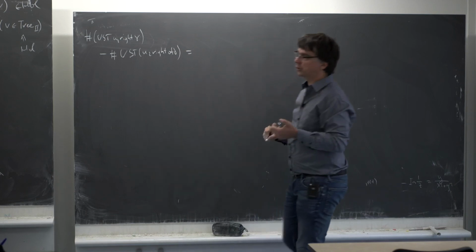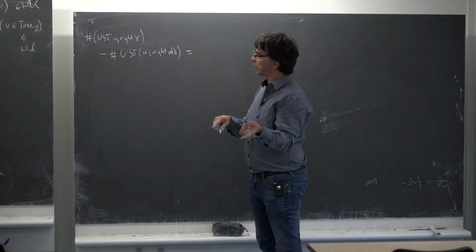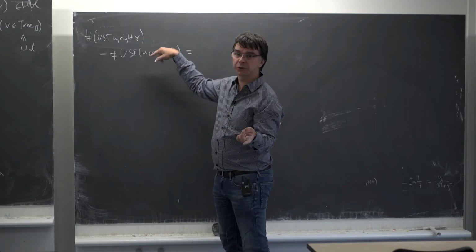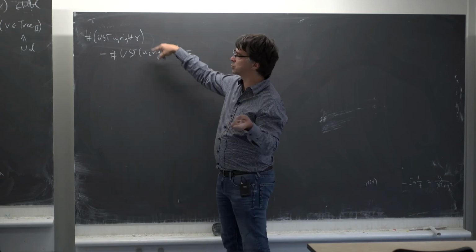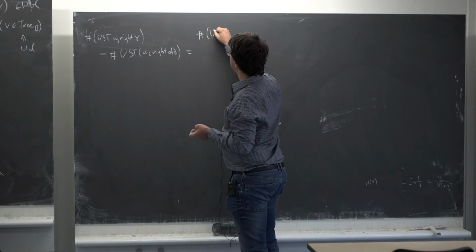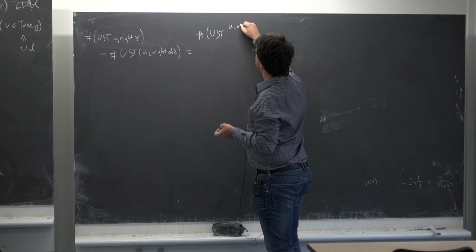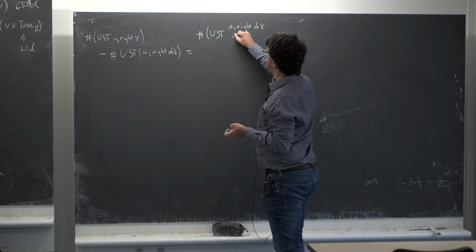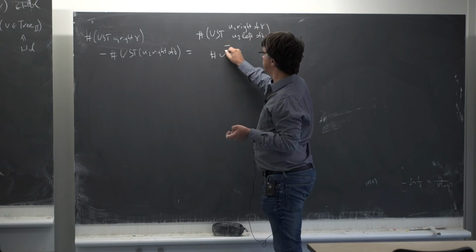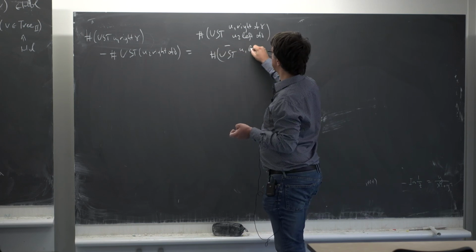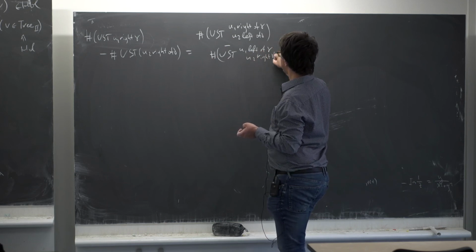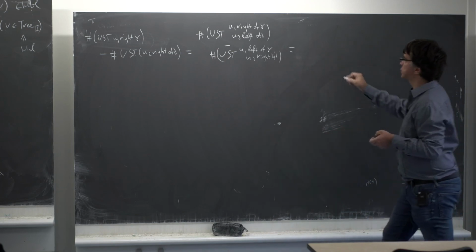You can rewrite it: if both of them are right of gamma, then it contributes to both of these terms and cancels out. If both are left of gamma, again it contributes to both, so it cancels out. What remains is the number of USTs where U1 is right of gamma and U2 is left of gamma, minus the number of USTs where U1 is left of gamma and U2 is right of gamma. Let me draw this as a picture.